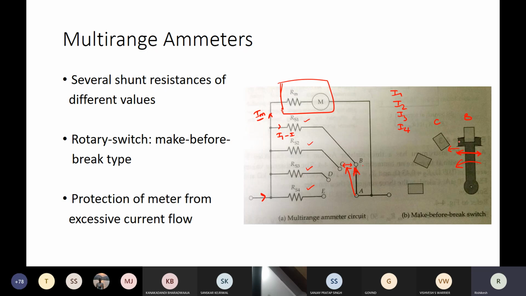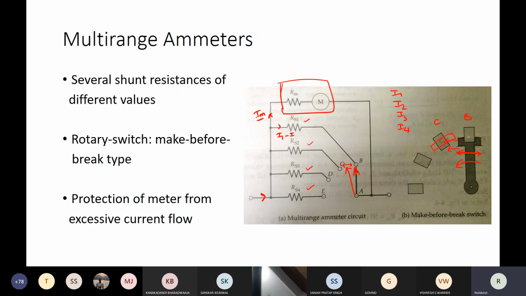So when it makes the connection with C, at the same time it still has some connection with B, and it moves further and comes to this position, then it is completely disconnected from B. So in the previous situation where the connector was hanging in between two terminals for some time, no such case arises here.